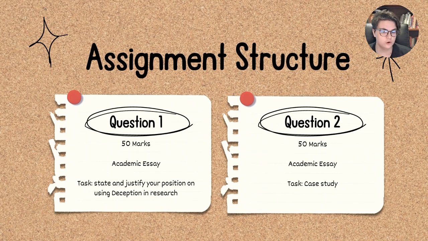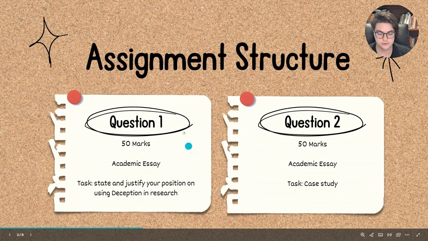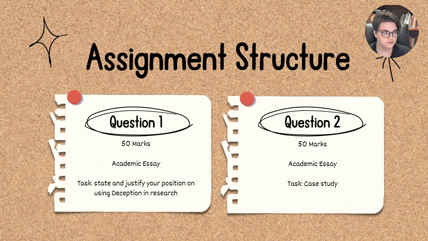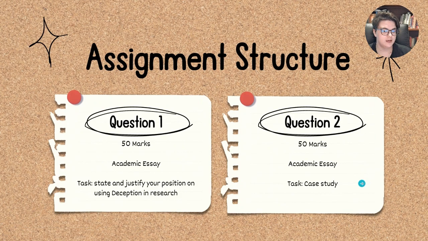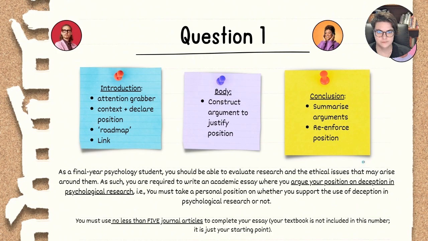All right, so this whole assignment is based around the ethical principles and considerations of research, and your first assignment asks you to decide whether or not you agree with using deception in research, and then justify why using literature. Okay, I'm going to break that down more in a second. Question 2, the rest of the 50 marks, is also an academic essay, and it is a case study. Okay, let's go through those.